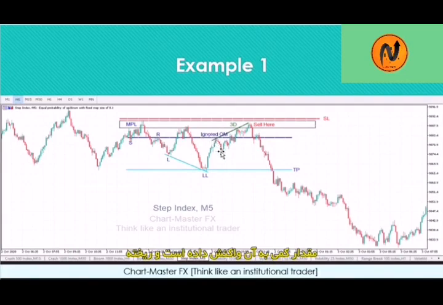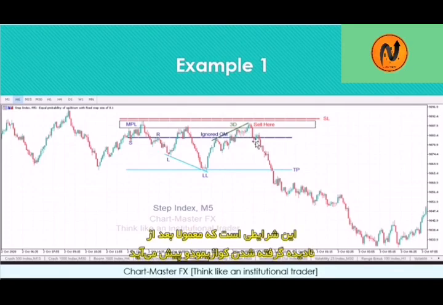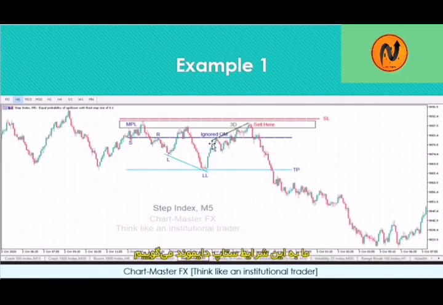It dropped a little bit, it came again, it dropped a little bit, then it finally was able to engulf the Quasimodo, heading to the MPL. So guys, that's what usually happens when you see that this Quasimodo is now being ignored. So this is what we call a diamond setup, guys. So guys, you need to look for a PA.